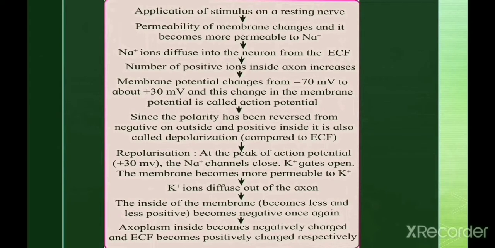Here, influx of sodium ion takes place. Due to this, the number of positive ions inside the axon increases and the membrane potential changes from minus 70 millivolt to about plus 30 millivolt, and this change in the membrane potential is called action potential.